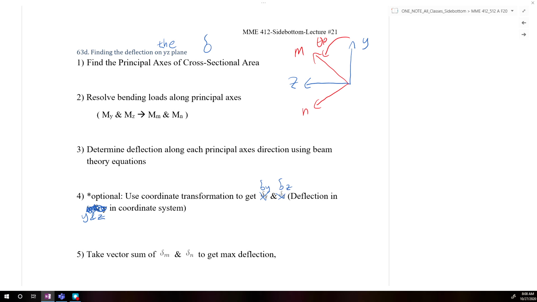Once we have theta P, we can then resolve our bending loads along our principal axes.